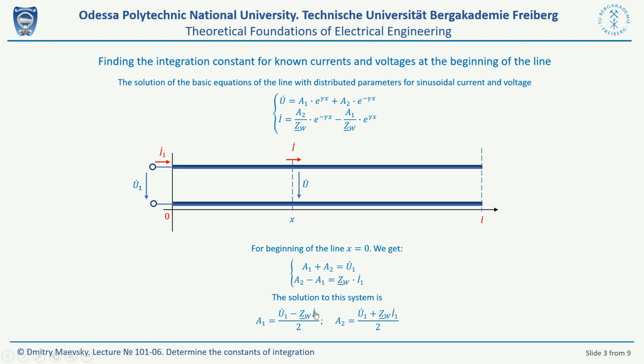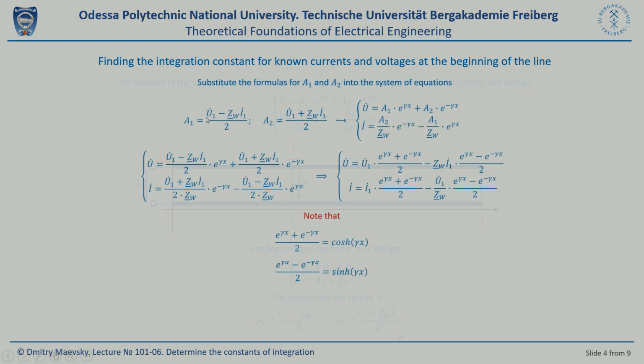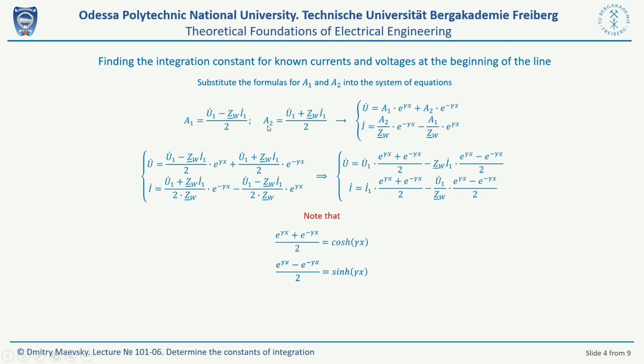For A1 is this expression, and for A2 this expression. These expressions allow one to calculate the constants of integration through the known voltage and current at the beginning of the line and through its wave impedance.